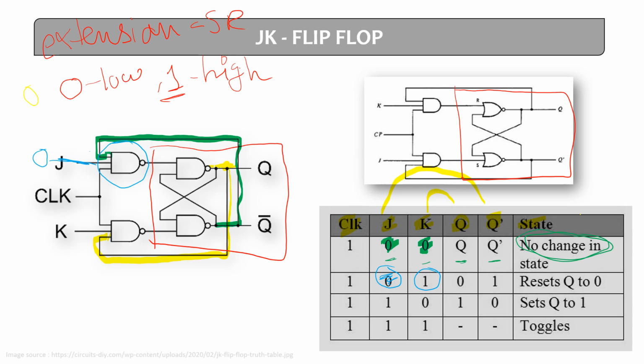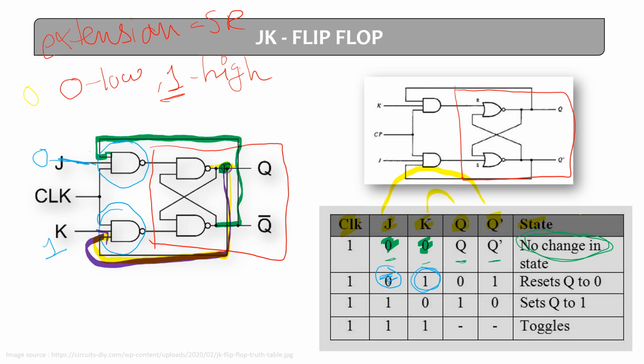And because here K is equal to 1, the output of the lower AND gate, or I can say the R, will be high. Of course it will be high, because I am supplying the 1. So in that case I need to check the output of Q, because it solely depends on this.